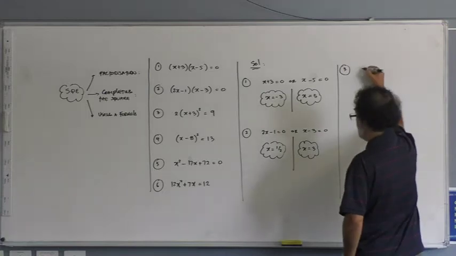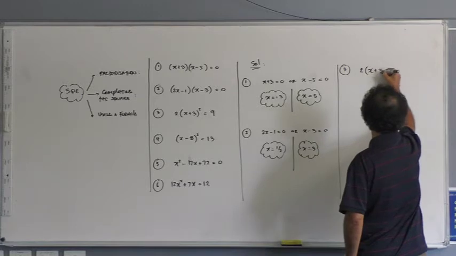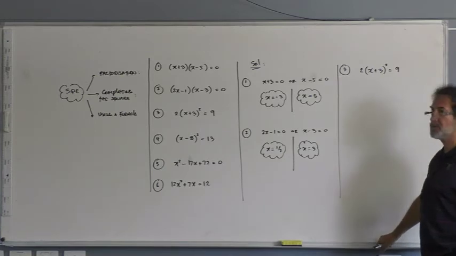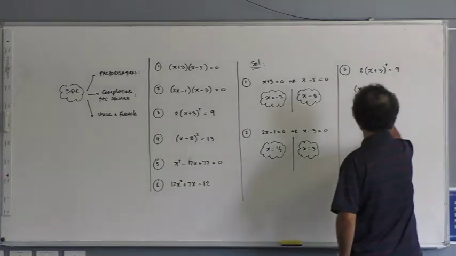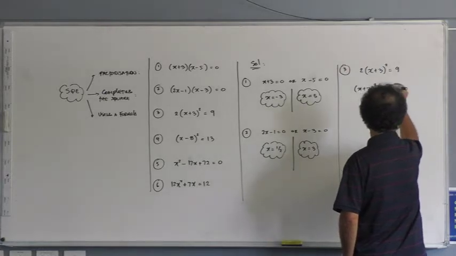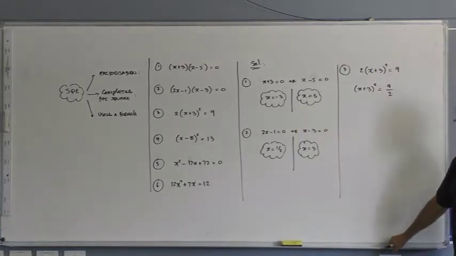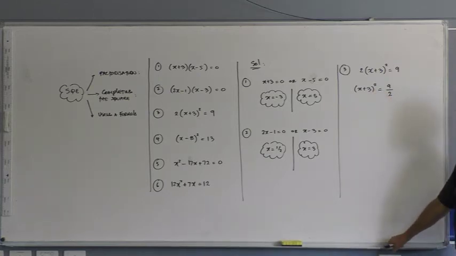All right, so if you have these equations, you're going to write it down again. First thing that we have to do is to divide by 2. Okay, so we're going to say (x plus 3) squared is equal to 9 on 2. And then we need to get rid of the square. And we know that if you are going to get rid of the square, then you have to do square root, right?